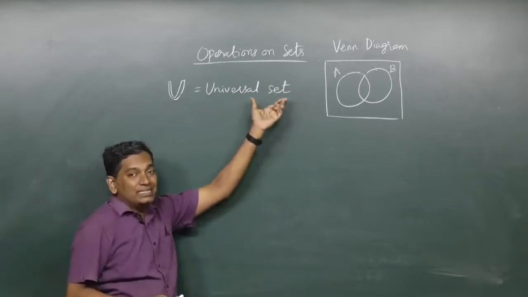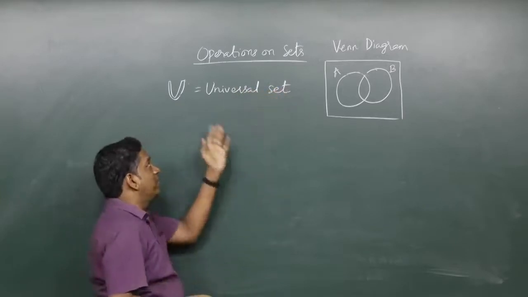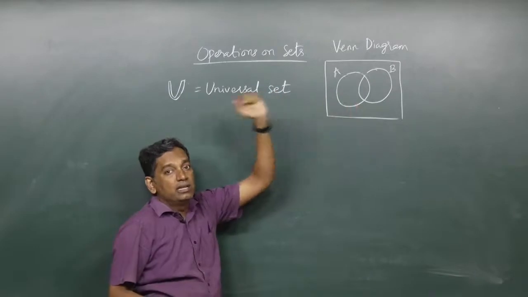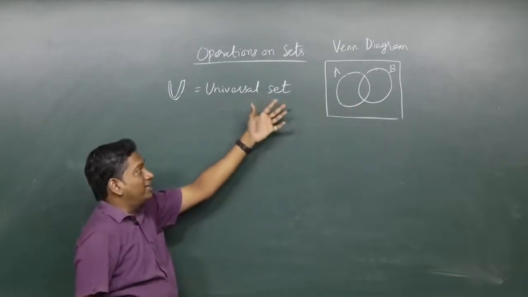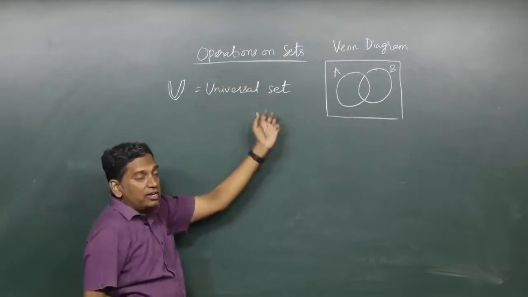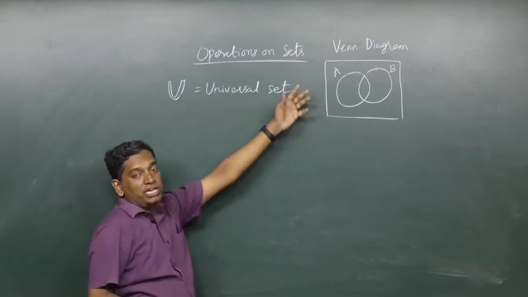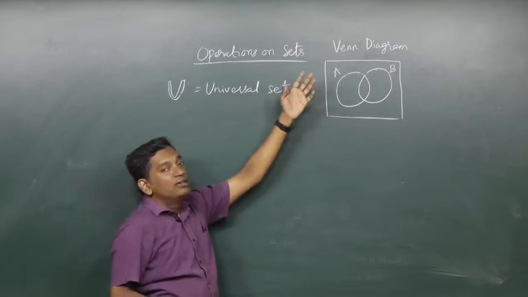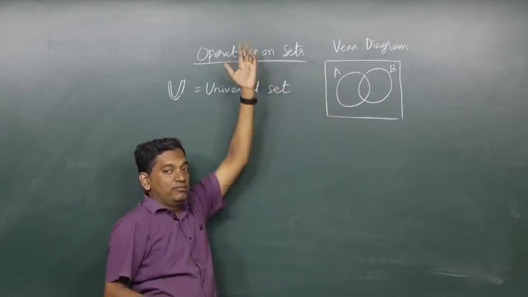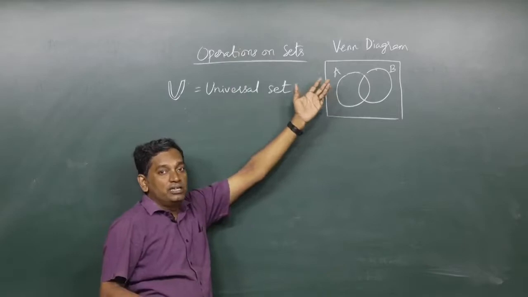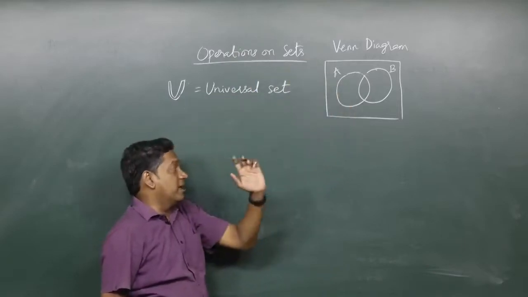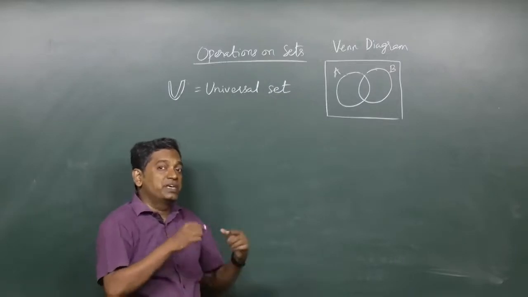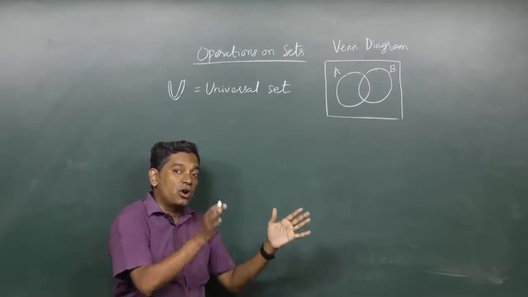For example, in the context of letters in an alphabet, the universal set would be all the letters A, B, C, D till Z. In the context of months of a year, it would be all the months January, February till December. And then we can ask, what is the set A, which are all the months beginning with J? For example, it could be January, June, July, etc. Now, universal set is an idea that has to be specifically understood in each context.